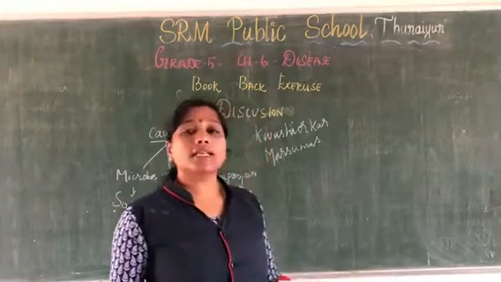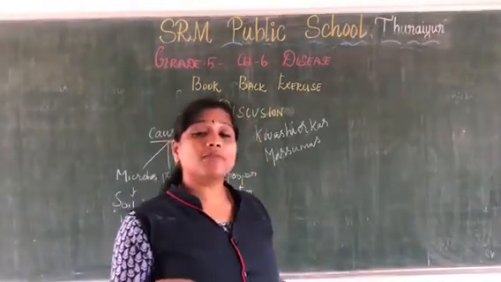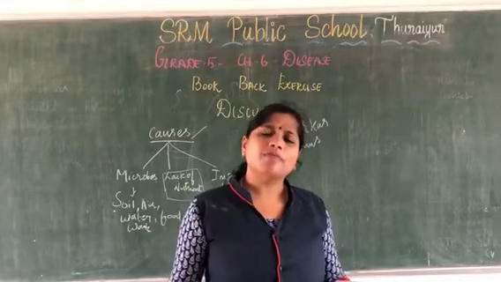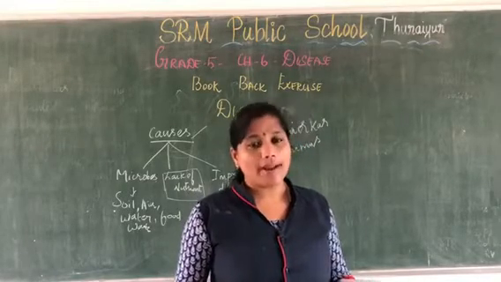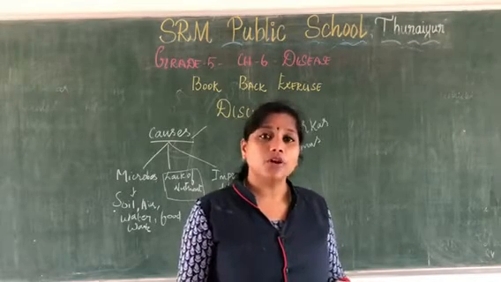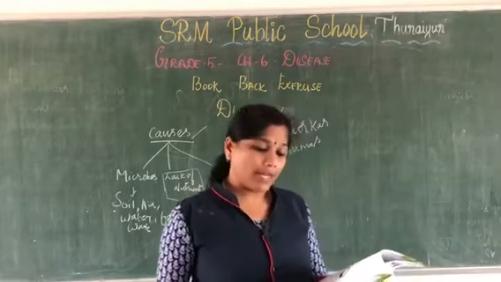Swine flu is caused by a virus. Next, do not let water be collected near your home. Why? Because stagnant water is to be avoided, because it helps in the breeding, that is multiplication, of mosquitoes. Okay, and they have given the complete the following table.